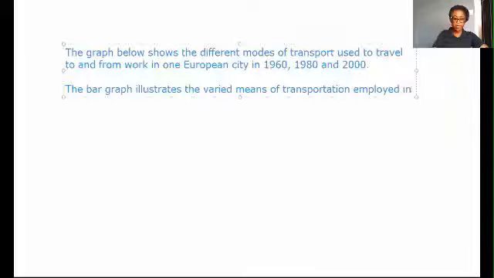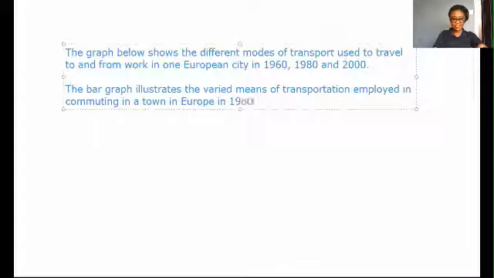So employed in commuting, commuting in a town in Europe in 1960, 1980, and 2000. This is the paraphrase version that I have of the description of the diagram.